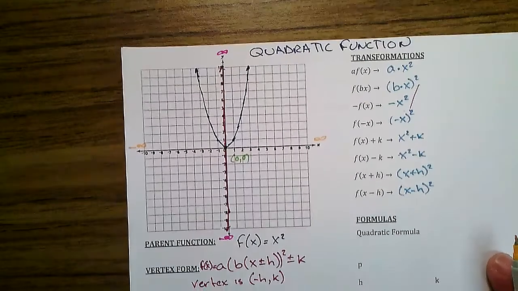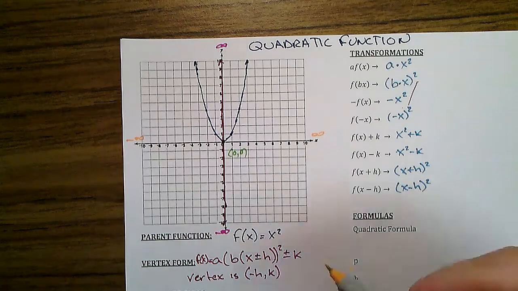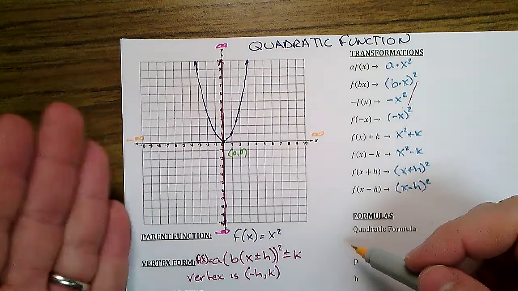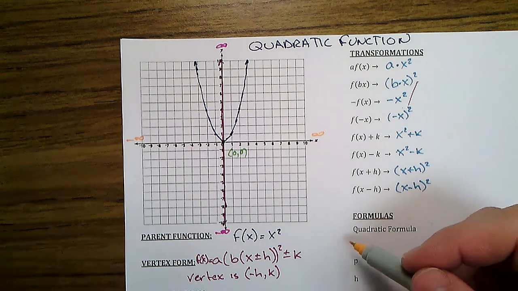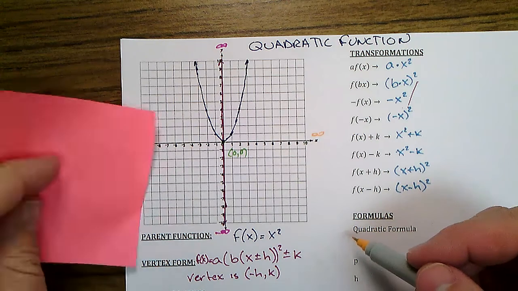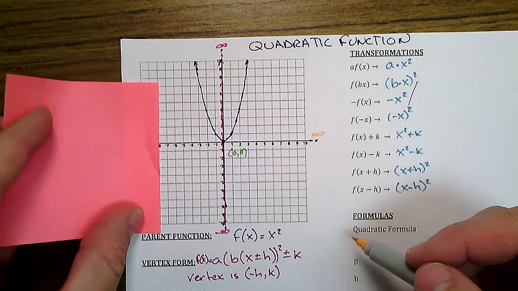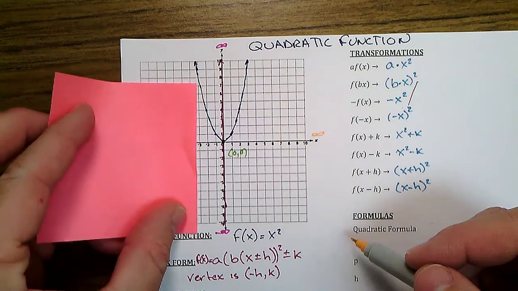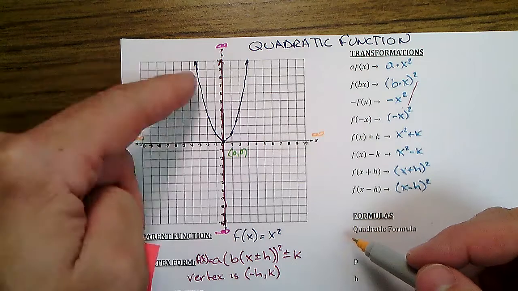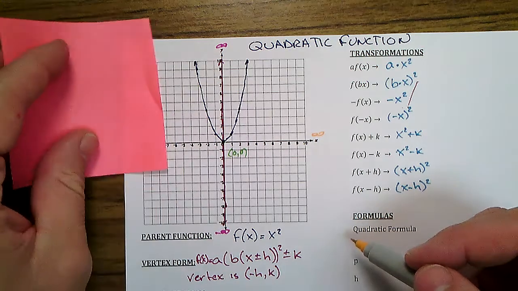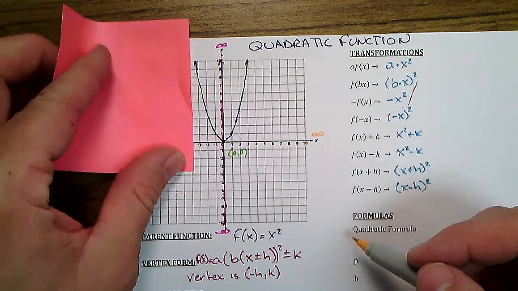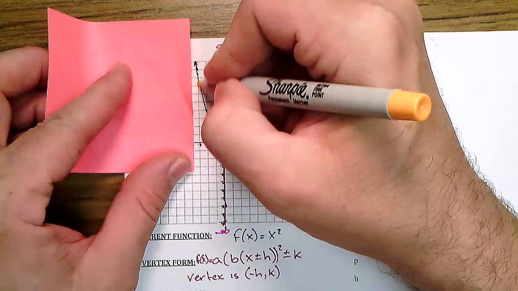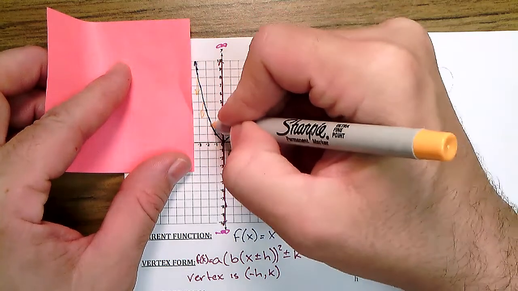Increasing and decreasing intervals. We're always going to look at our function from left to right. So we're looking at, as our x values increase, what's happening to our y values. And if we look here, as our x values increase, our y values are going down.